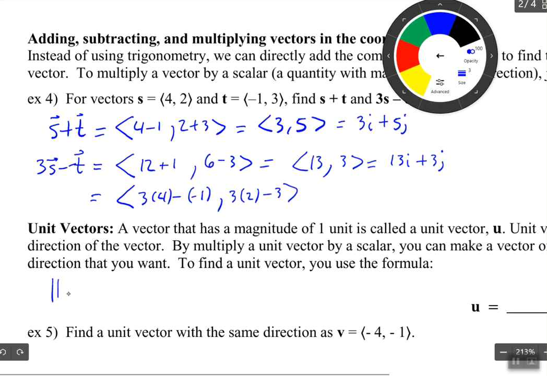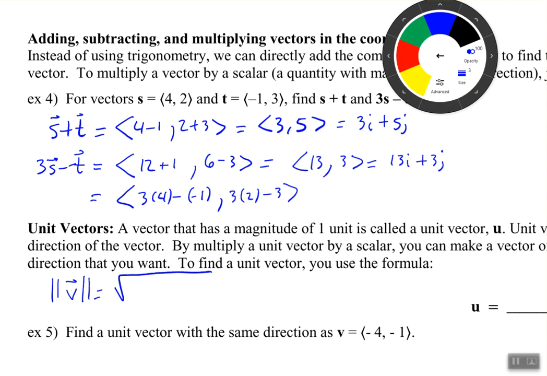The magnitude of a vector v was equal to the square root of delta x squared plus delta y squared, right? So what one am I doing?